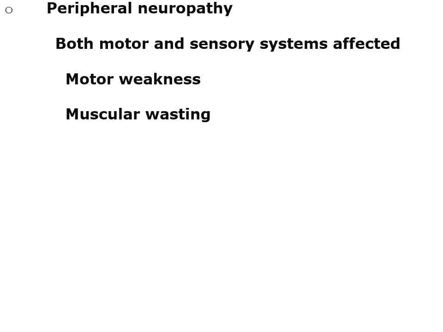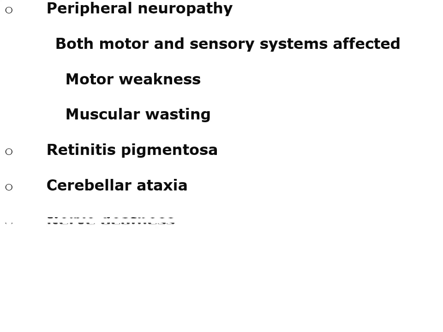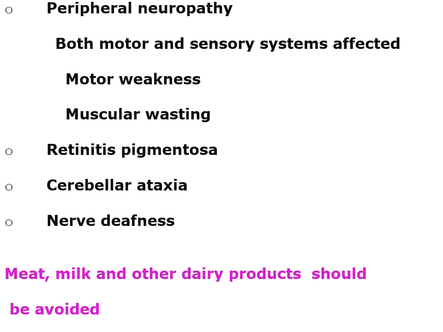Motor weakness is seen, muscular wasting is seen, and there is inflammation of the retina called retinitis pigmentosa, cerebral ataxia, nerve deafness, and all these are the manifestations. So meat, milk and other dairy products should be avoided because these contain lots of phytanic acid.